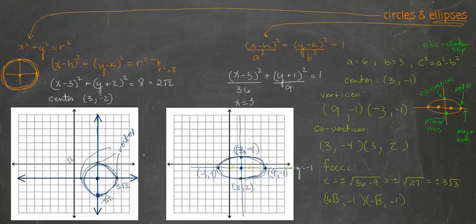The most important thing, and again, I use the examples from the textbook for a reason, because I find understanding conic sections is so much easier if you think of it in terms of what you're looking for and where it is.